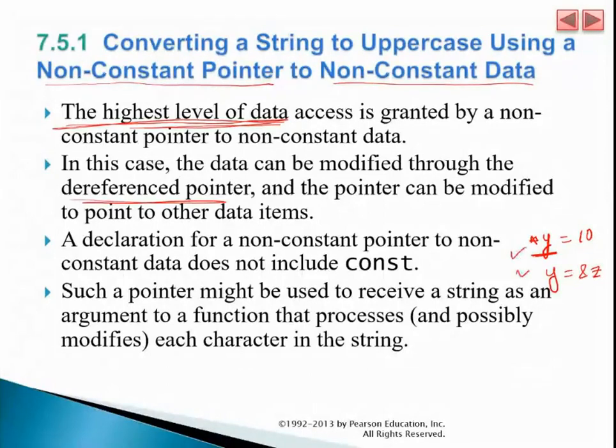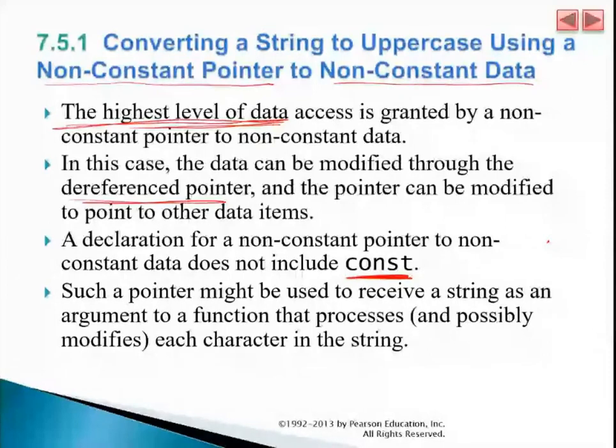So both are allowed. This is called the highest level of access. Now a declaration for a non-constant pointer to non-constant data does not include the const keyword because both are non-constant, so there is no need to include the const keyword.